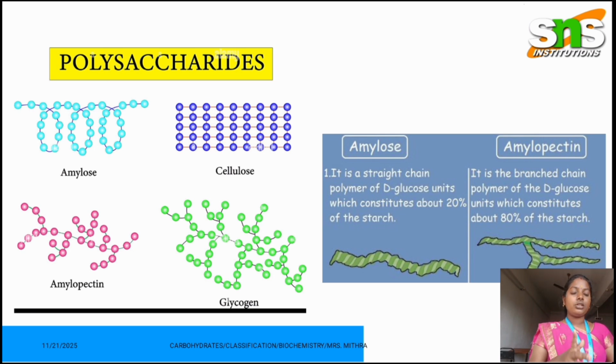So this is the major difference. Amylose is a straight chain polymer of D-glucose units, and it constitutes only about 20% of the starch, and amylopectin constitutes about 80% of the starch. Amylose linear, amylopectin branched.